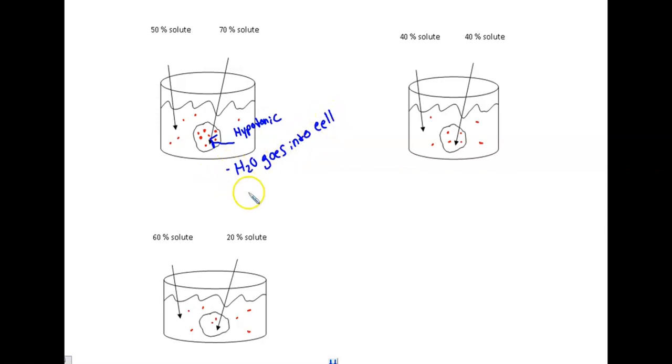So what's going to happen to that cell if water starts going into it? Well, that cell is going to get bigger, right? So the cell will swell, get bigger, gain mass, etc. There could be a point where the cell gains so much that it might burst.